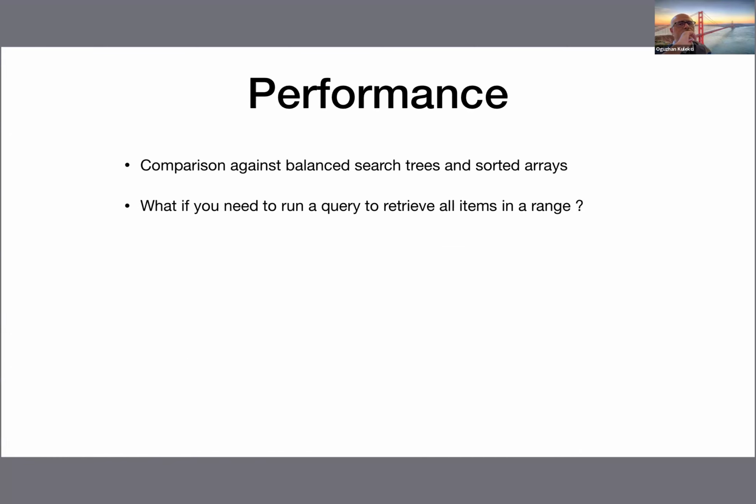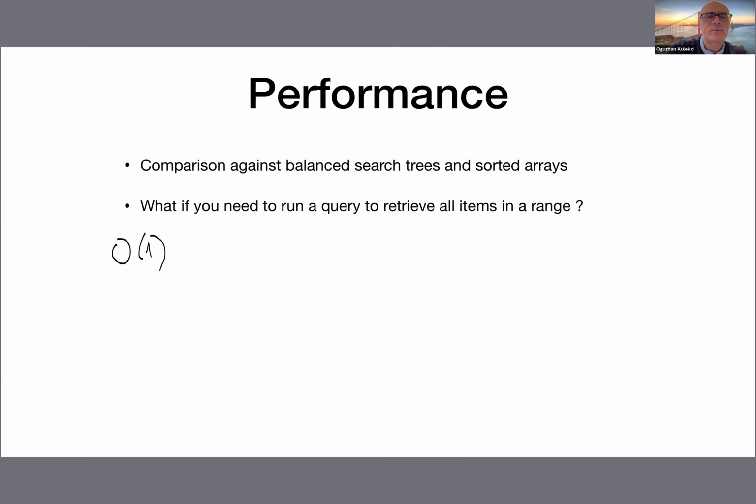The last thing that I would like to discuss with you on this topic is the comparison against the balanced search trees and sorted arrays. Actually, we did this comparison at the very beginning of our lecture today. So, why am I using hash? Because I would like to reach a constant time search performance on the average, okay?